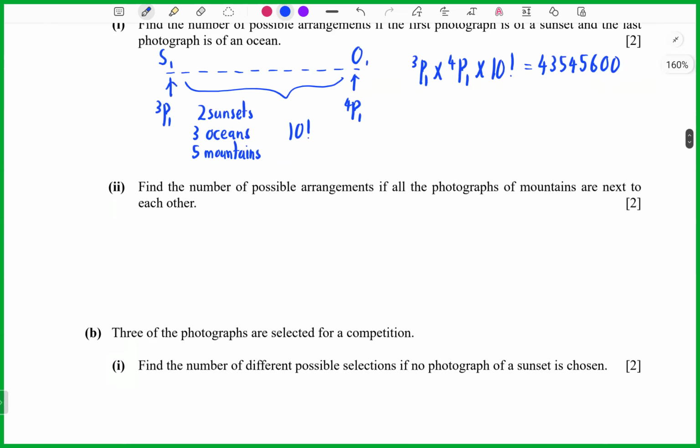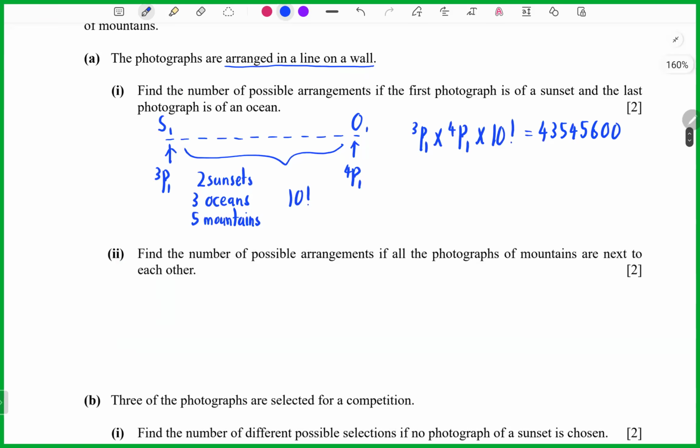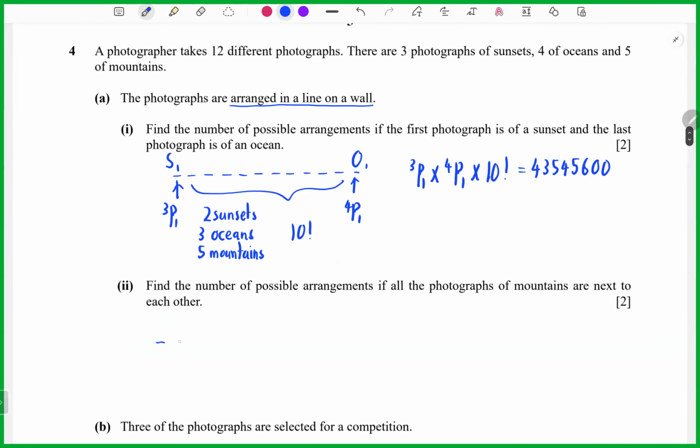Now let's see part 2. Find the number of possible arrangements if all the photographs of the mountains are next to each other. We have 5 mountain photographs, so positions 1, 2, 3, 4, 5, 6, 7. These 5 mountains can have different arrangements, so we consider 5 factorial.